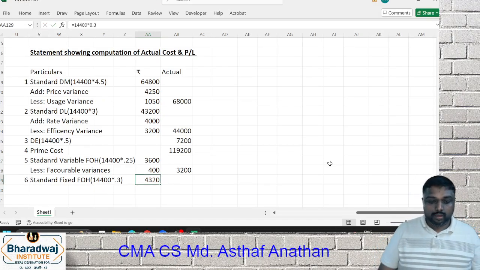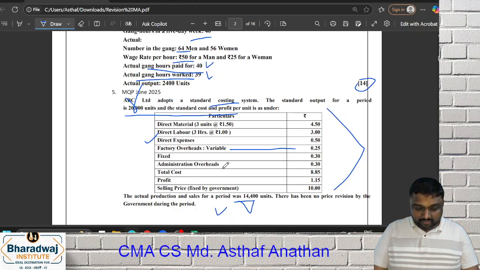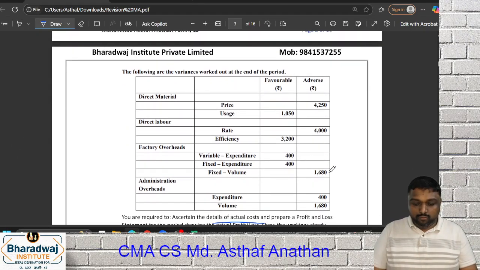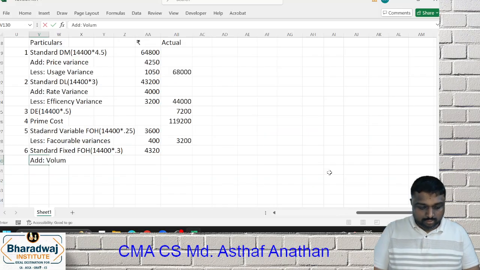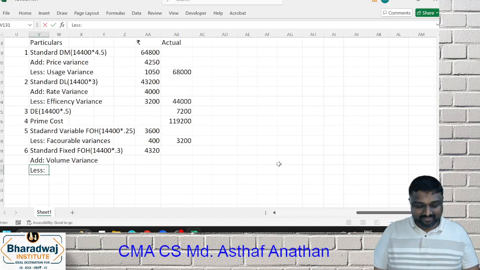You get this. Now add unfavorable. What is unfavorable? Unfavorable, we have volume variance. Add volume variance. Less, we have expenditure variance.